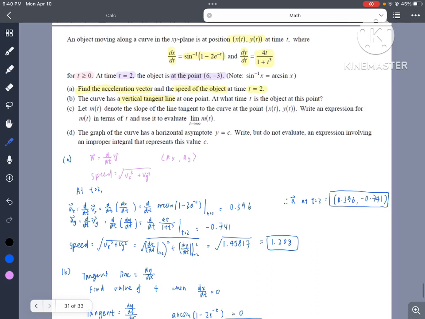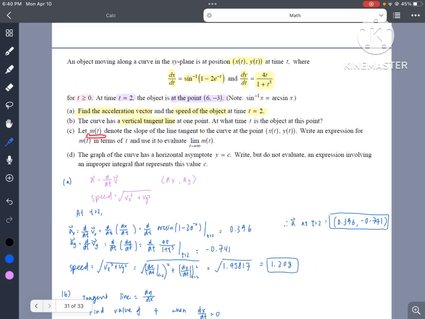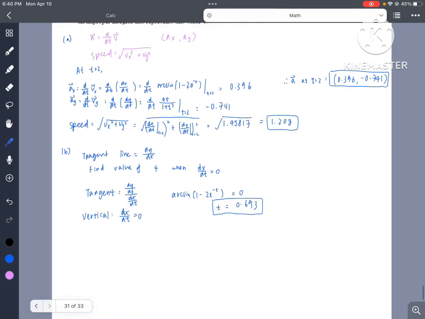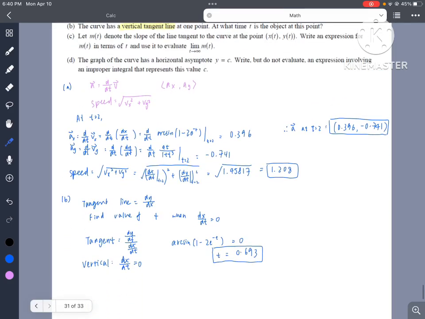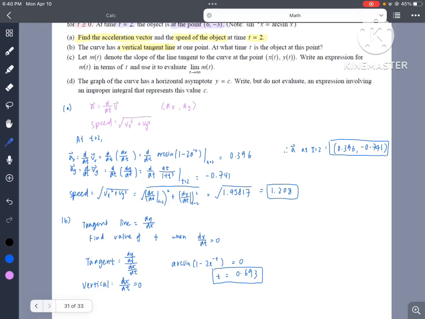Okay, now let's move on to question C. Let m of t denote the slope of the line tangent to the curve at x of t, y of t. We need to write m of t in terms of t and evaluate the limit of this as t approaches infinity. As we have stated in B, the slope of the tangent line can be found with dy over dx.